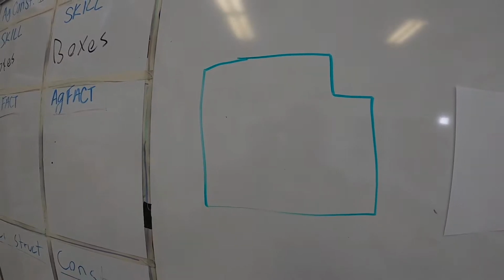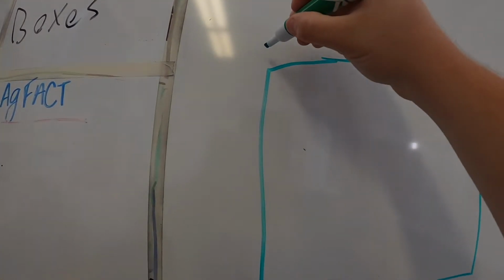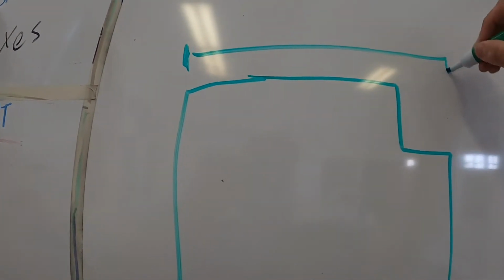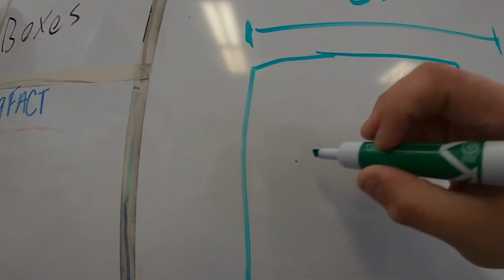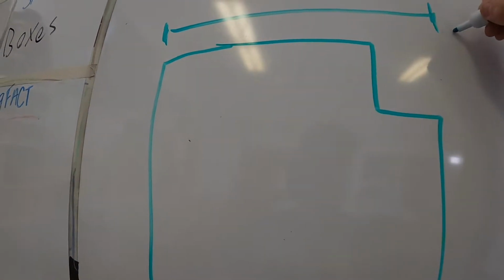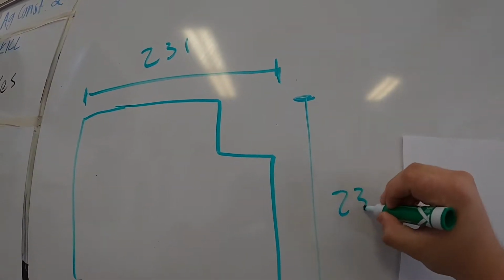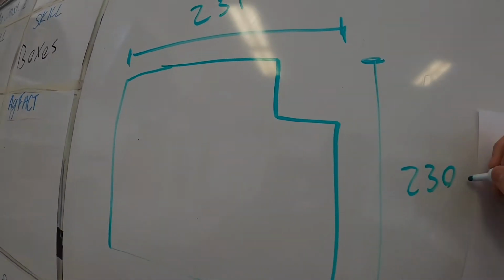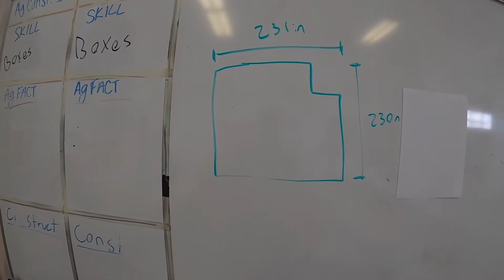So there's a couple ways we can actually go about solving this. Now, we know from here to here is 231, and from here to here is 230 inches, right?